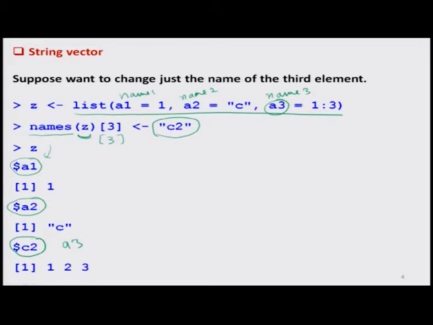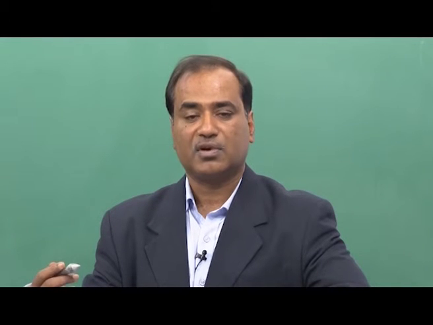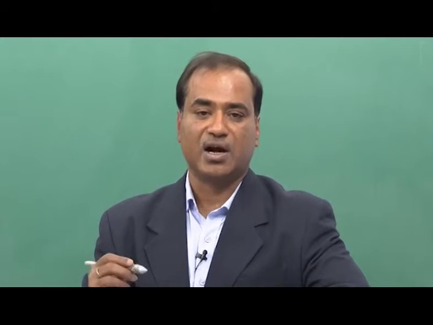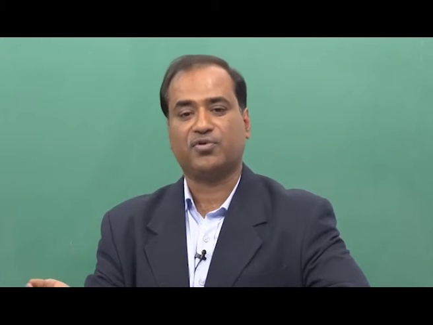But one thing you have to keep in mind, the values are not changing, I am changing only the name. That is something like inside the class, if a teacher announces that from tomorrow the student whose name is today say Ram will be called Sham from tomorrow, but the person will remain the same.